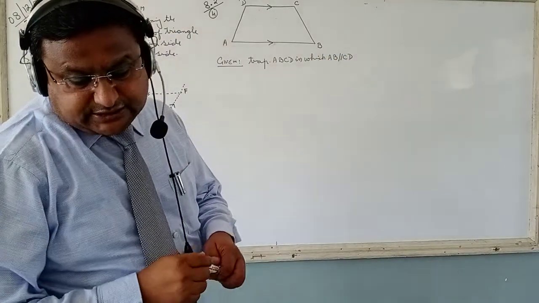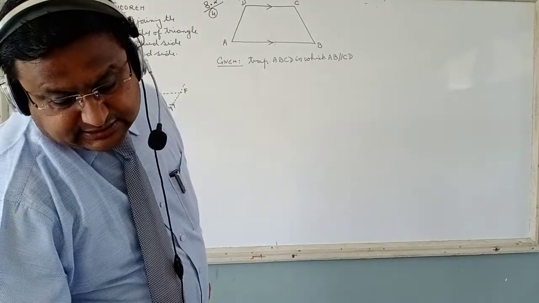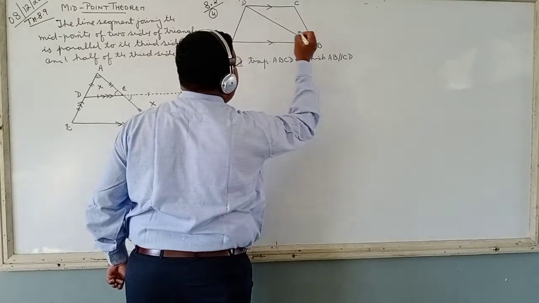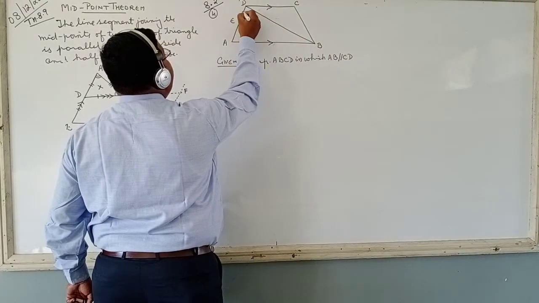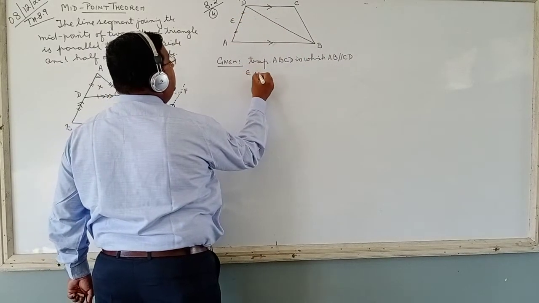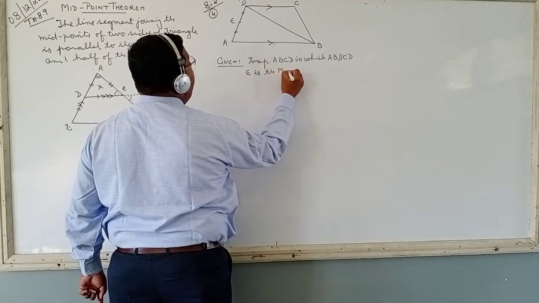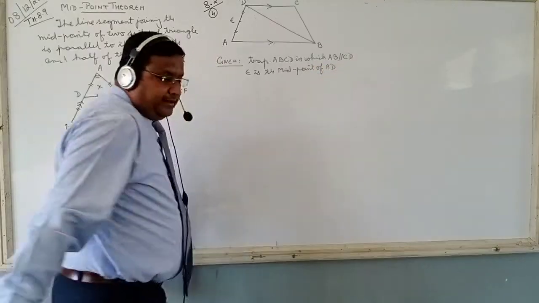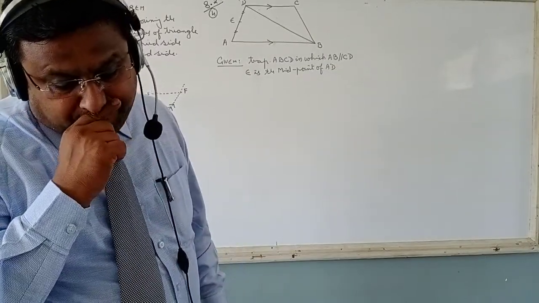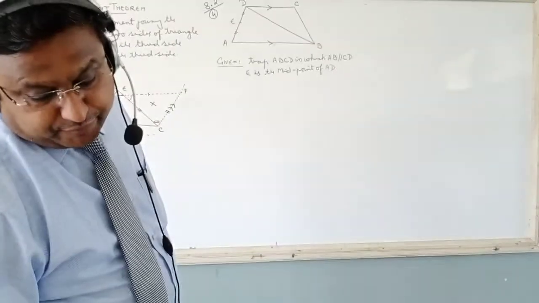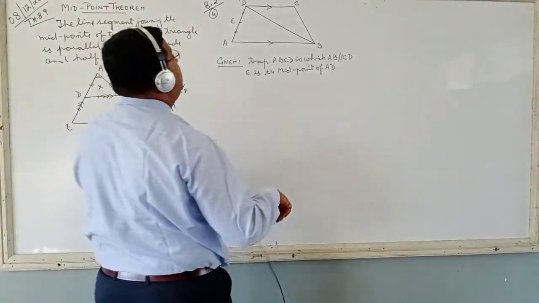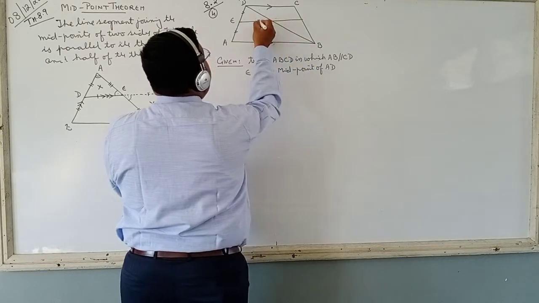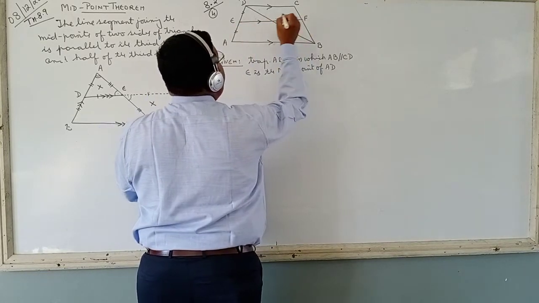BD is a diagonal and E is the midpoint of AD. And a line is drawn through E, parallel to AB, intersecting BC at F.